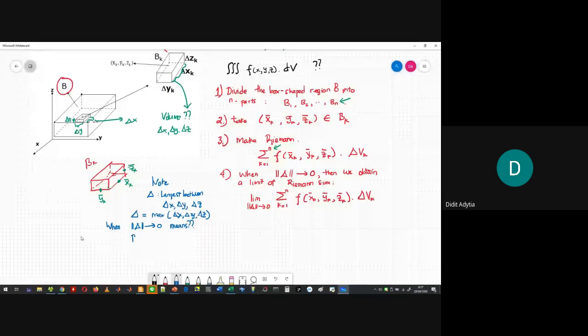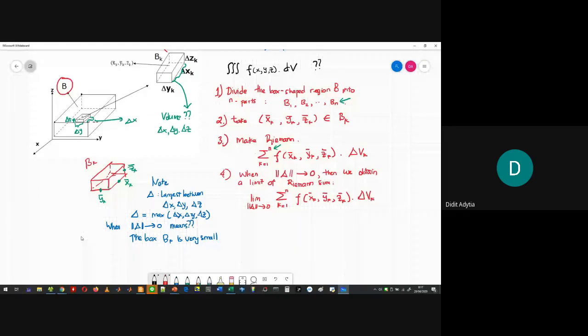The box Bk is very small. Okay, near continuous. I cannot say it from this perspective. Okay, this is very small. That's it. And then what does it mean?